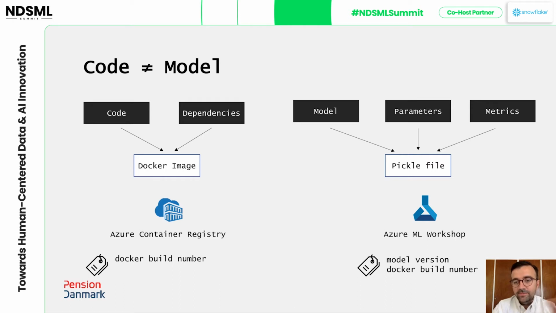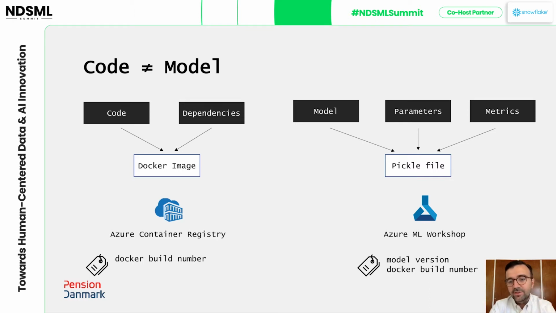So why separate code and models? The short answer is because the two are not identical, so mixing them up just makes it harder to keep track of things. Say that you're doing a weekly retraining, for example. It doesn't seem right to produce an entirely new Docker image every week just because the model has been retrained.